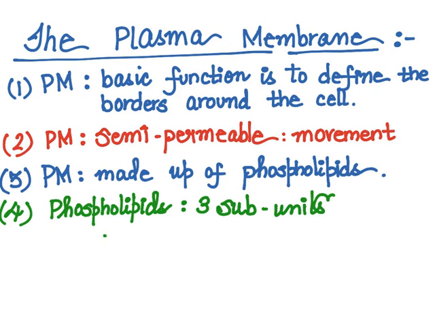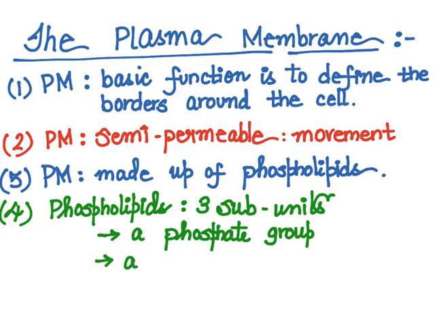Now let us take a look at what those 3 subunits are. The first one is a phosphate group. Next part is a glycerol molecule. And next thing is 2 fatty acid chains.